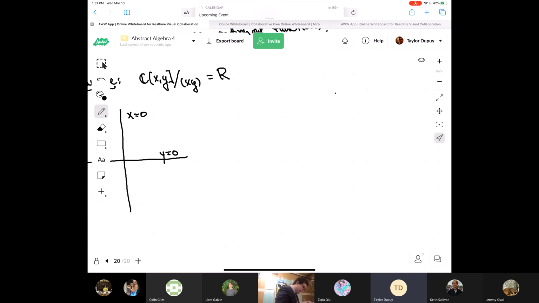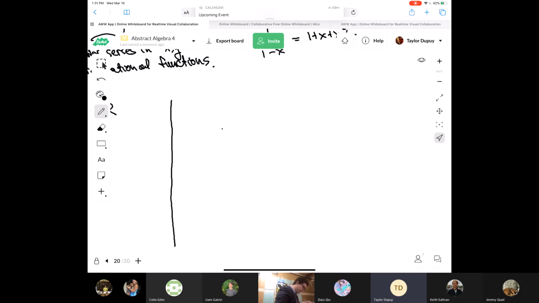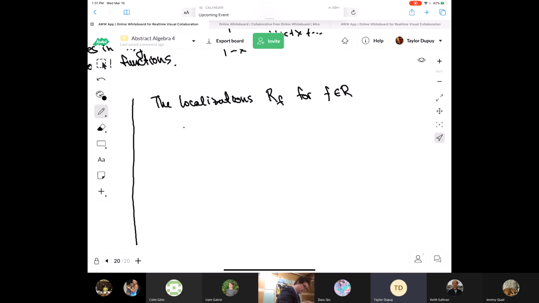Okay, and the general picture that I drew was that the localizations R_f, for f in R, are like removing slices from Spec R. Anytime you allow denominators, you're going to be removing stuff.